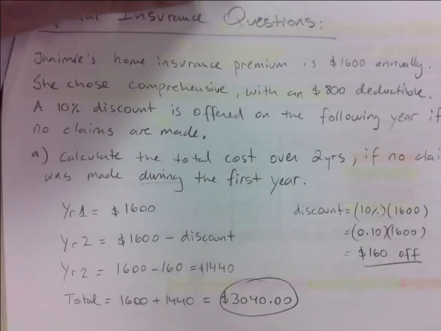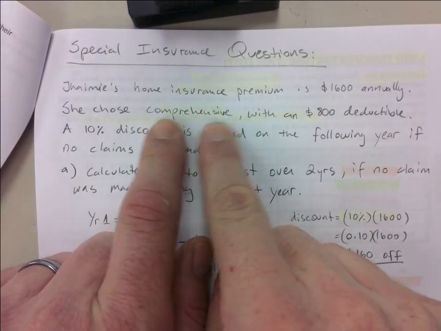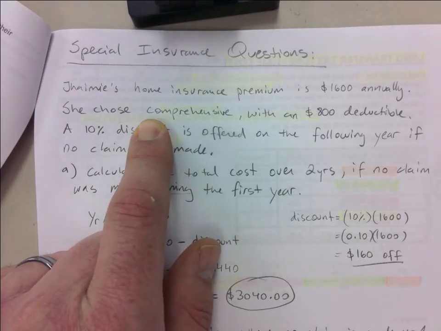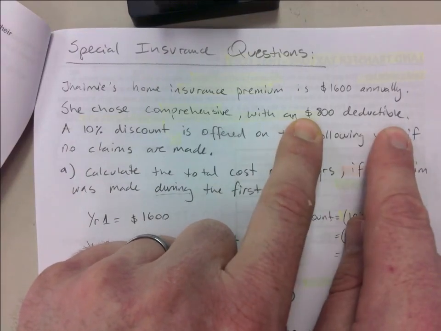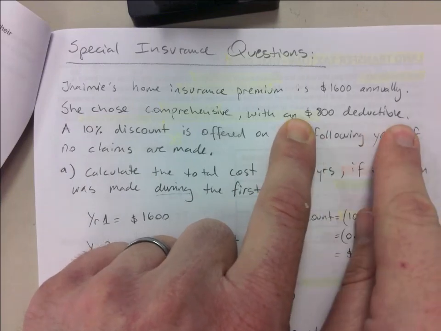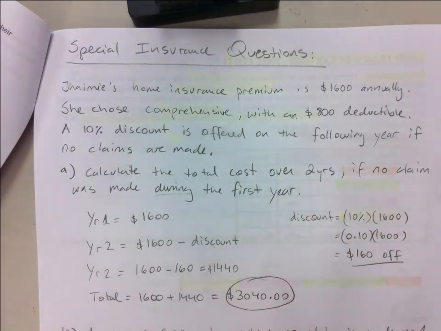Just look at what her choices were. So instead of comprehensive, it's standard, right? She could have gone standard. And what can she do to the deductible? Raise it. So raising the deductible, switching to standard is most definitely a good move.